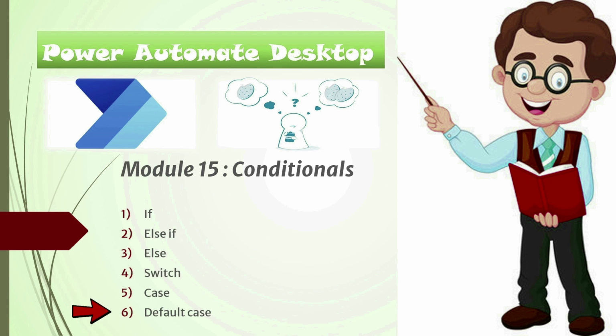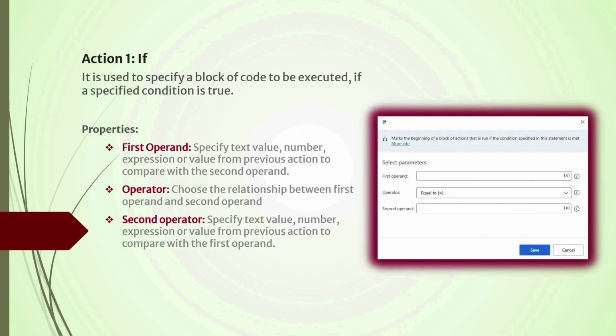Let's start with the first action, which is if. Basically, it is used to specify a block of code to be executed if a specified condition is true. It has three properties: first operand, operator, and second operand. The first property is where we specify a text value, a number, an expression, or a value from a previous action to compare with the second operand.